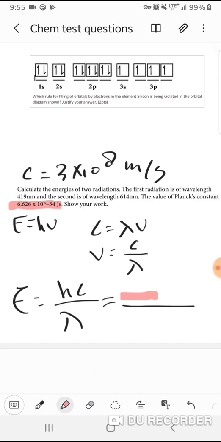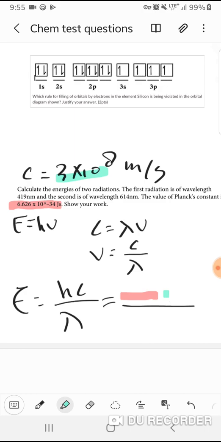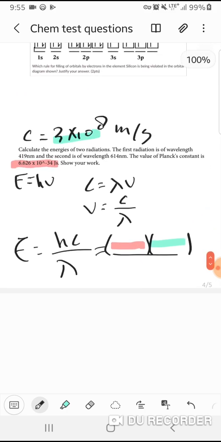We'll just say that's blue, because we don't really have to write the whole thing down. Times that.